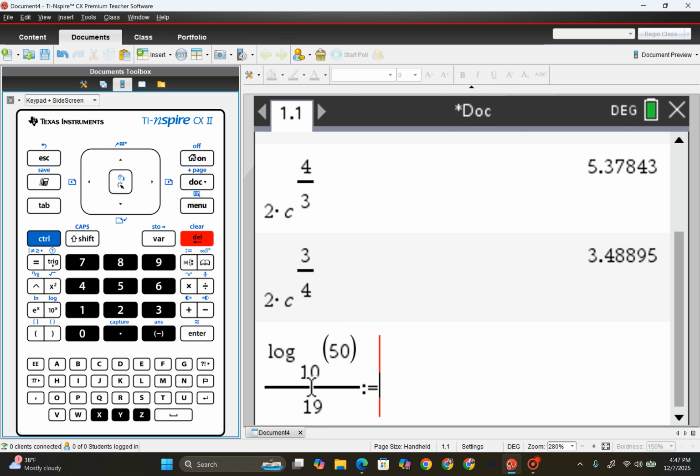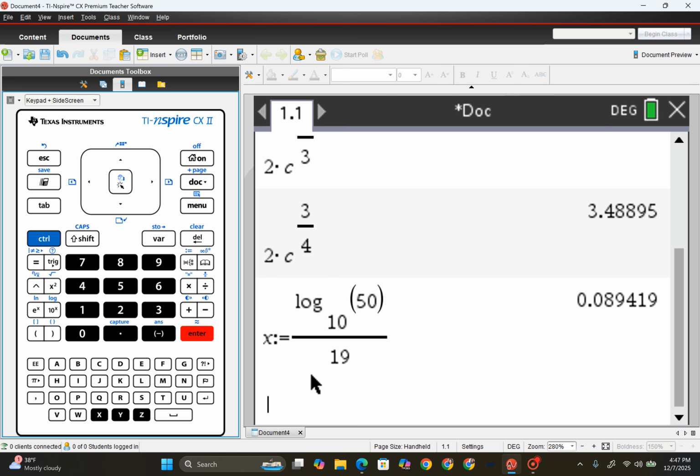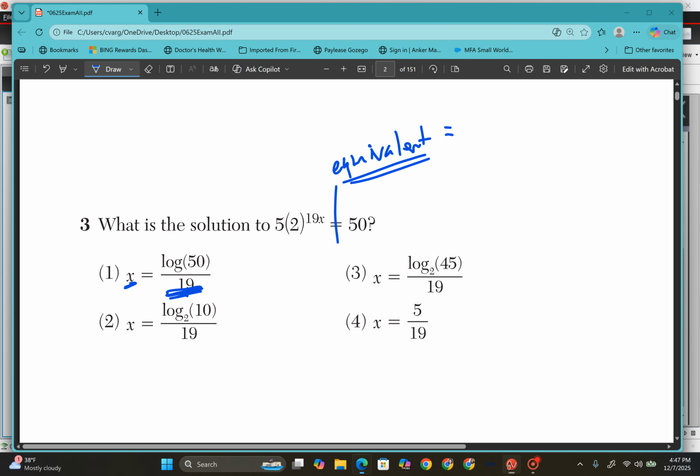Oh, I should have put this first. Let me try that again. Let's go back. Okay, so X, and then I do control this and I hit enter. And so now what it did is it took log base 10 of 50 divided by 19 and it stored it in for X. Okay. So now I'm going to go ahead and type this in and see if it equals 50.